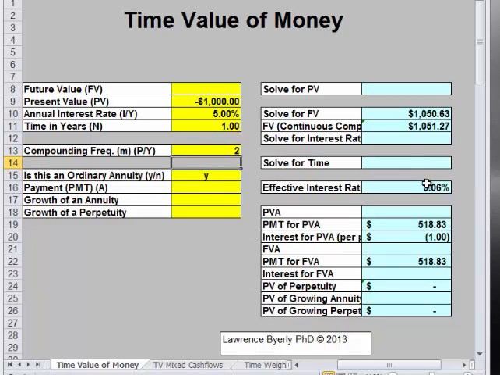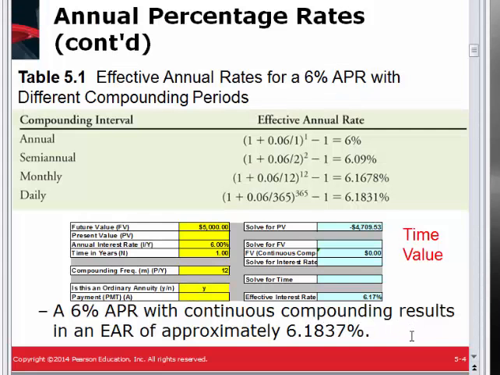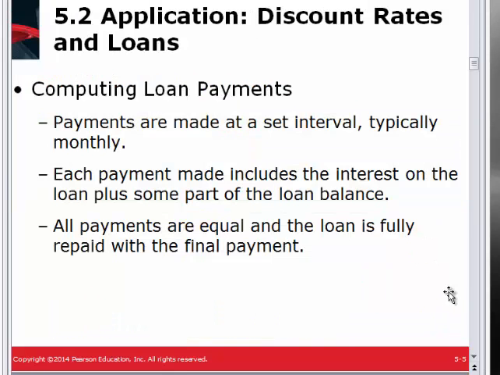Not a lot more, but it is more, so that gives us an effective interest rate that's different, the actual interest rate earned. If you go to 12, it goes from 1050.63 to 1051.16, and of course you can see that the interest rate again rises. So the idea here is that the interest rate changes when you compound things.